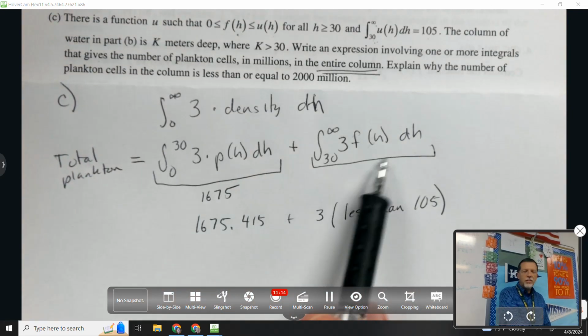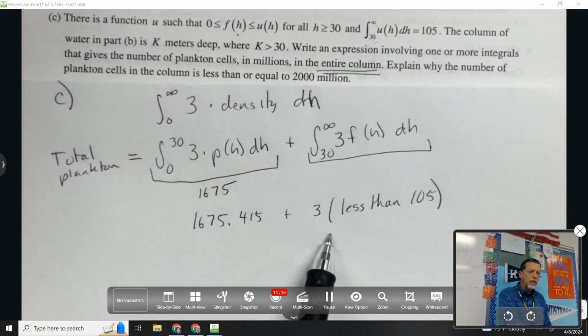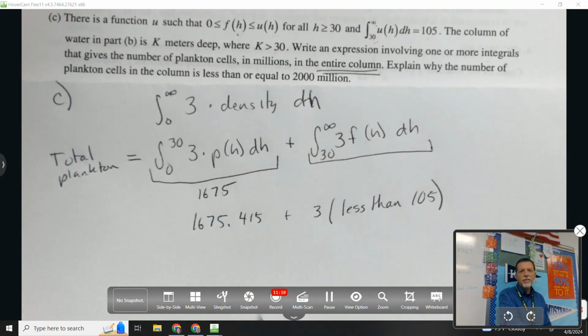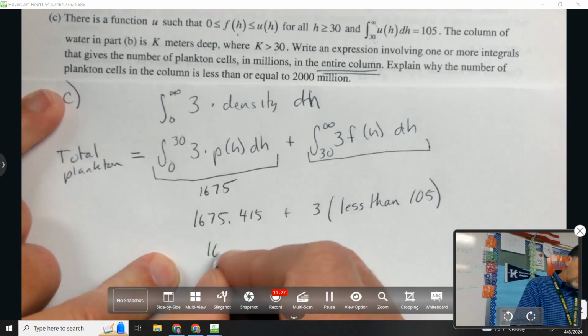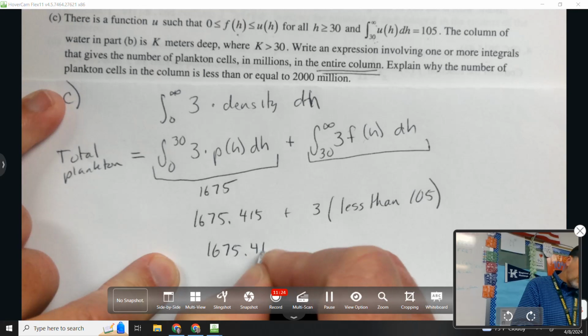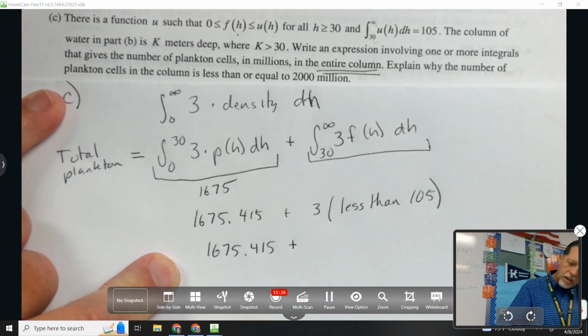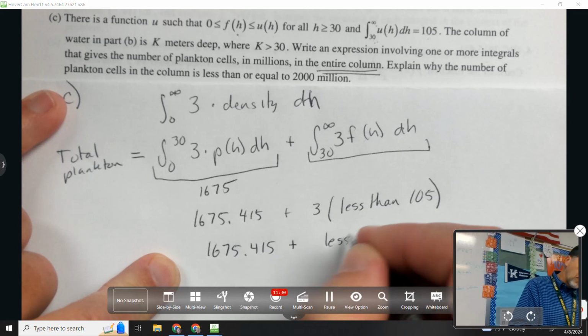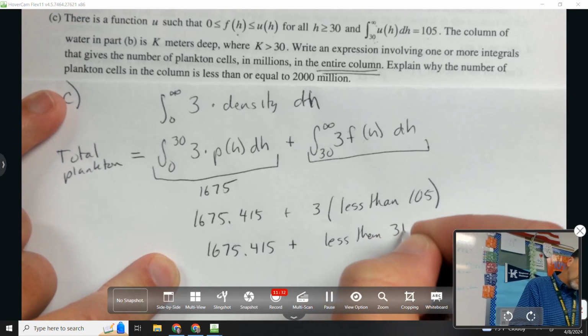So that integral in there, once I pull the 3 out, is less than 105. 1675.415 plus 105 times 3 is 315, so this is less than 315.